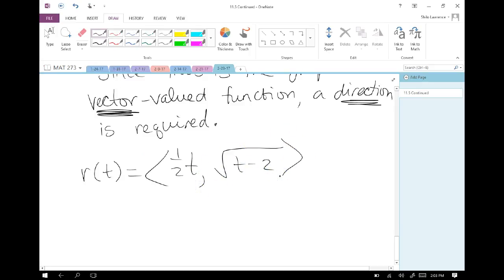We could write this as a set of parametric equations as x equals 1/2 t, y equals square root of t minus 2, and use algebra to get rid of the t's. Think of it as a system of equations and eliminate the t. So we're going to solve one of them for t and use it to replace the t in the other one.